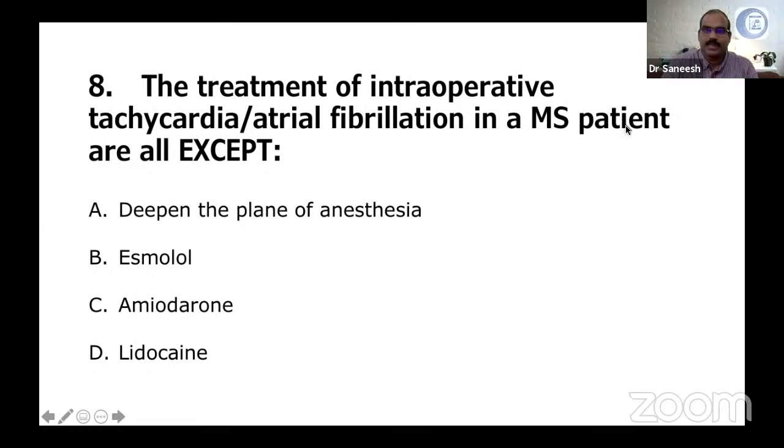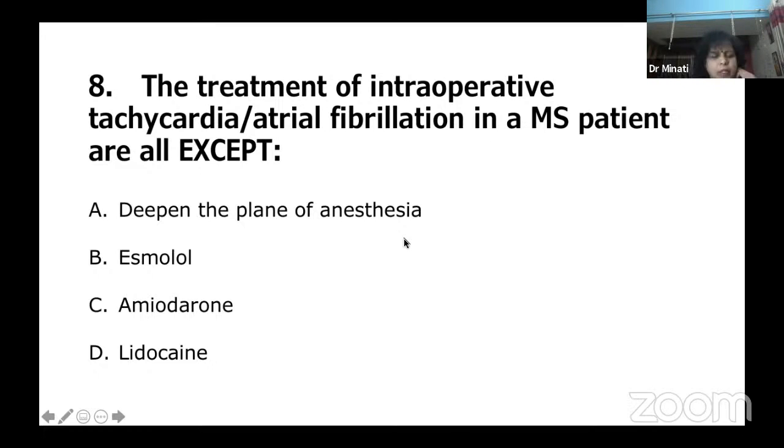The treatment of intraoperative tachycardia or atrial fibrillation in a mitral stenosis patient are all except: option A, deepen the plane of anesthesia, option B, esmolol, option C, amiodarone, option D, lidocaine. The poll window is there.